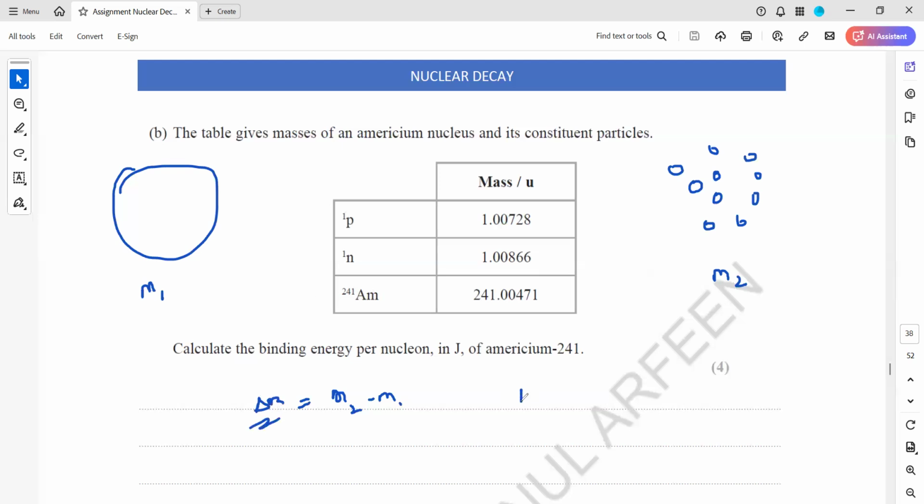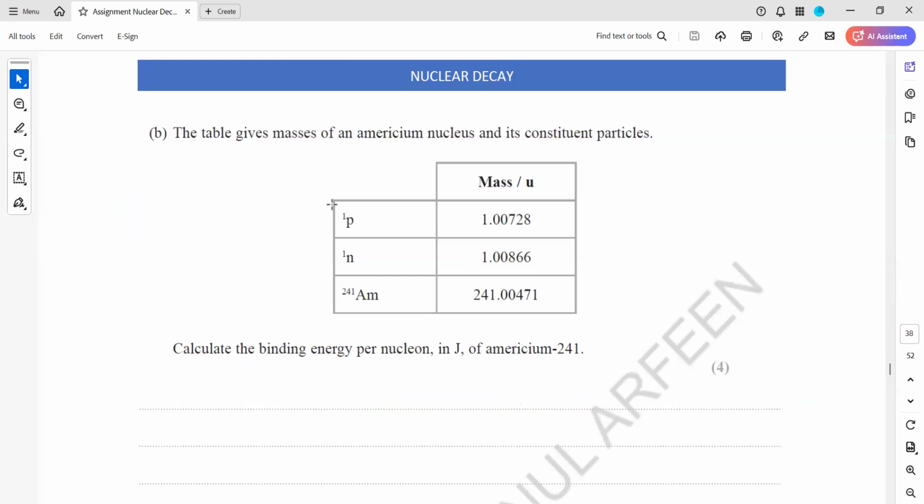After getting the mass defect, to get the binding energy we use the formula E = mc². So mass defect times the speed of light squared gives the binding energy. To get the binding energy per nucleon, binding energy divided by the number of nucleons gives the binding energy per nucleon. But the mass is in U, and when substituting in the formula it should be in kg, so unit conversion is important.